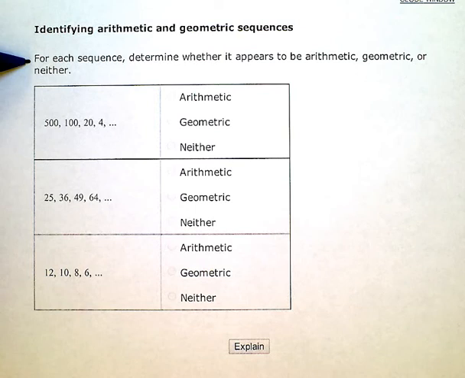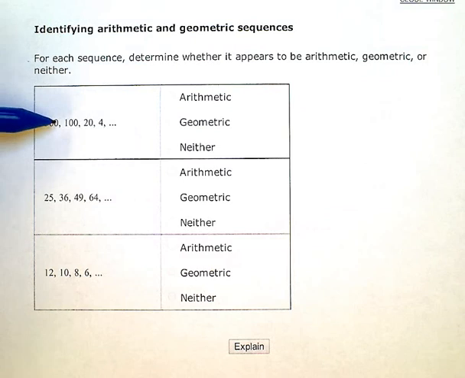So we just need to remember here, for arithmetic sequences, we are always adding or subtracting a constant value, or the same value, to get from one term to the next. And for geometric sequences, we are multiplying by a constant, or the same number, every time to get from one term to the next.